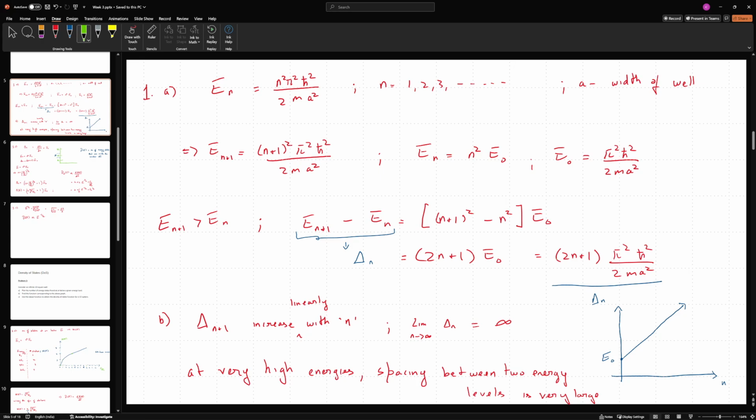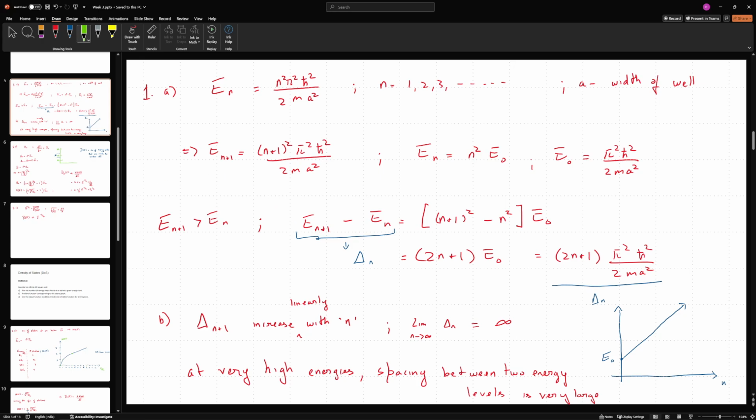So the infinite density of states implies that the closeness between two consecutive energy levels is maximum at lower energy levels. And no matter how large my 1D infinite square well is, as I keep increasing the energy, the closeness between these energy states decreases. Since the closeness decreases, the density decreases.